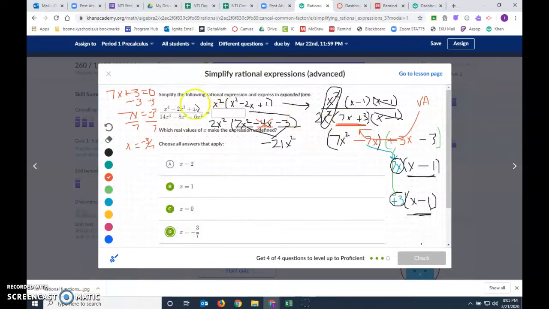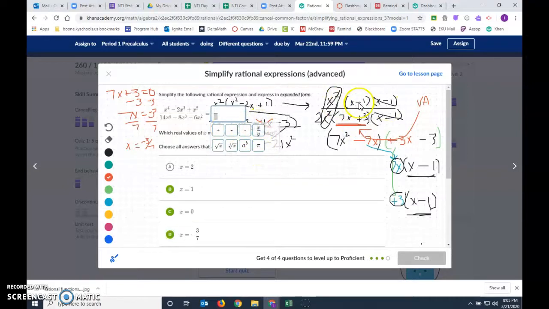Final step is if I plug in everything, like what I have left, I would have x minus 1 divided by 2 parentheses 7x plus 3, which would normally be fine except for the fact that it wants this in expanded form. You shouldn't have parentheses left when it's in expanded form.